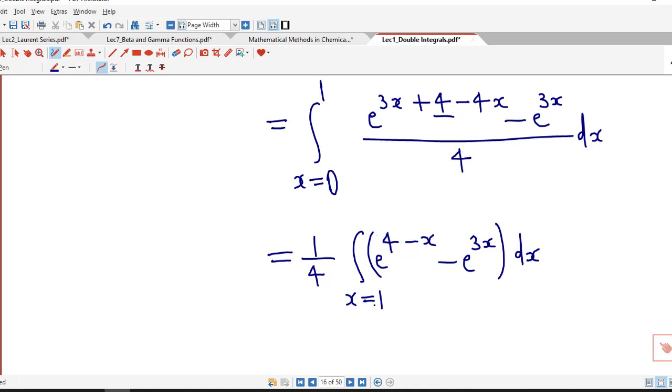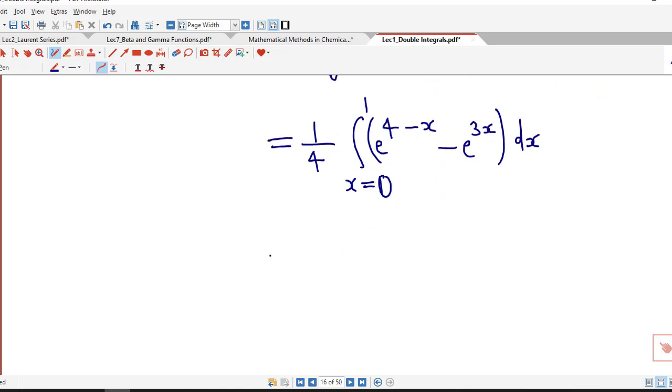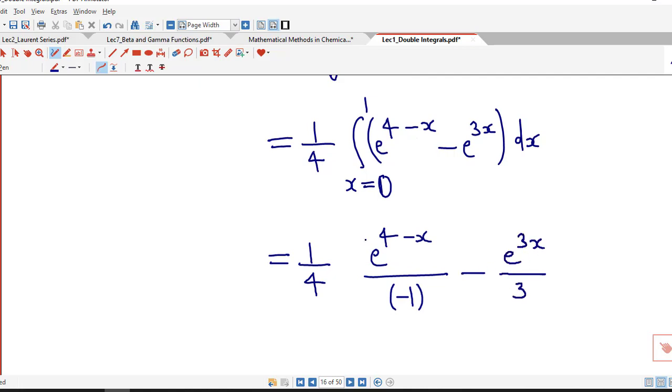So now this is a function of x, and the limits of x are from 0 to 1. So now this is easy to integrate. It is the integral of a function of one variable. So the integral of e raised to 4 minus x is e raised to 4 minus x divided by the coefficient of x, which is minus 1, minus e raised to 3x divided by 3. Limits of x are from 0 to 1.